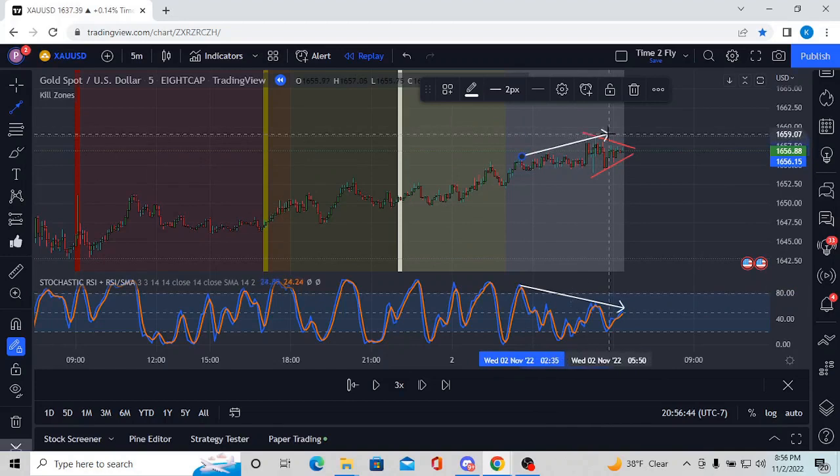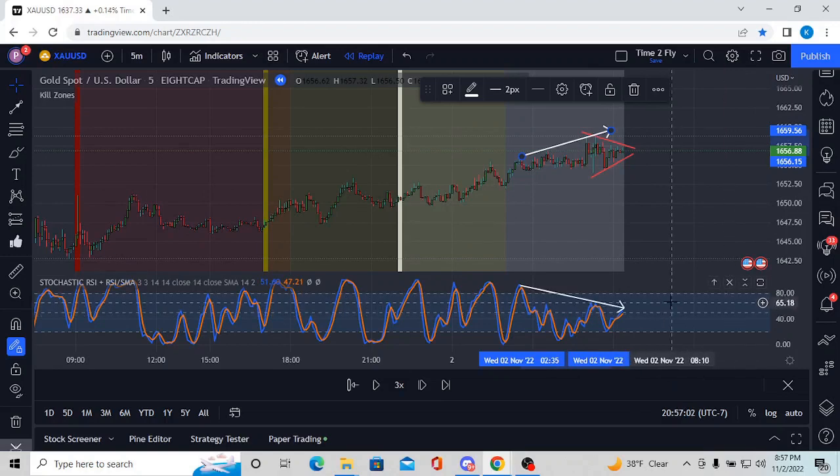And right here you can see we have a bearish divergence, right? One divergence always gets canceled out when the new one appears.